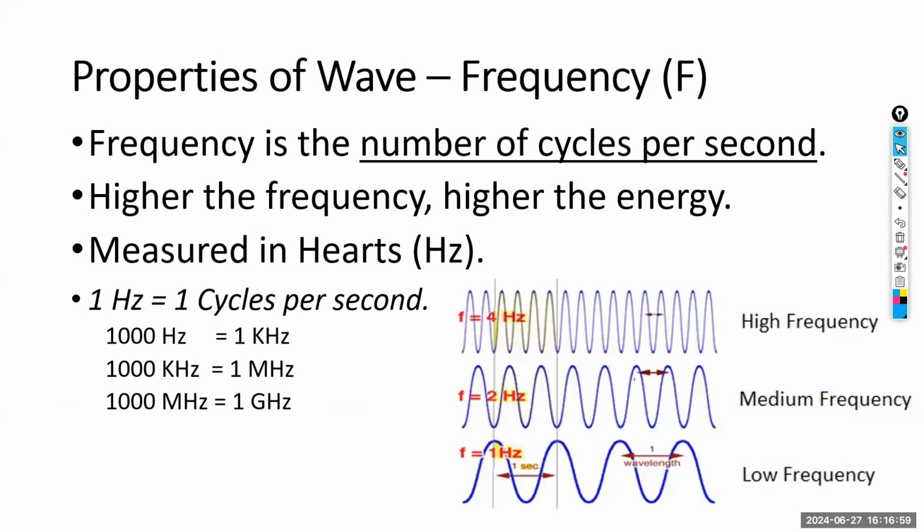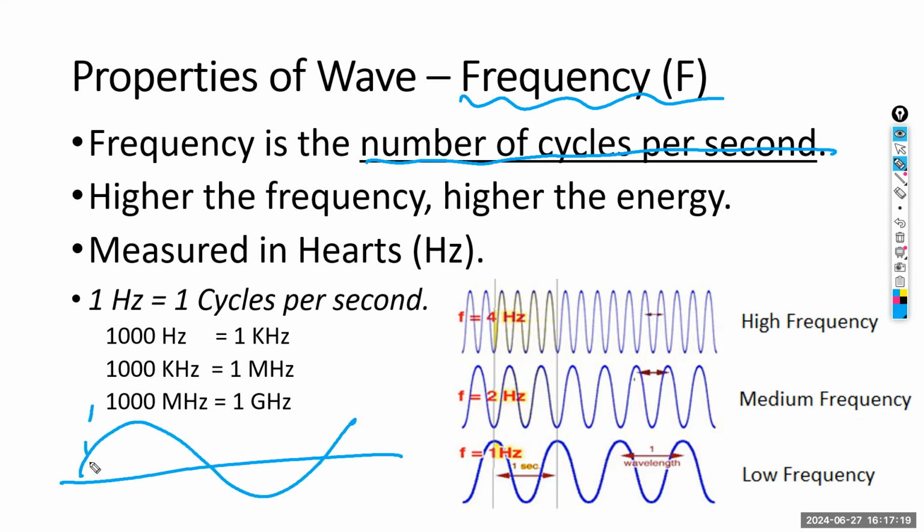Right. So the next property we discussed last time is frequency. The definition of frequency is number of cycles per second. Again, we use a periodic signal. If you have 1 cycle per second, then we say it's 1 hertz.